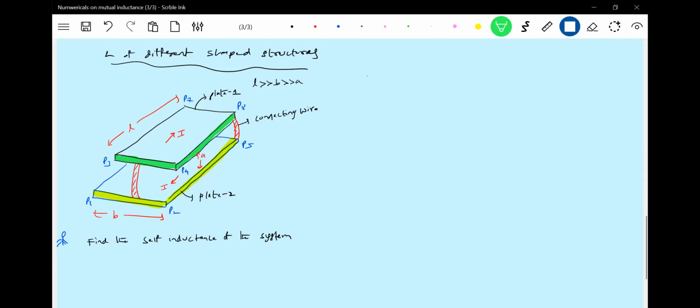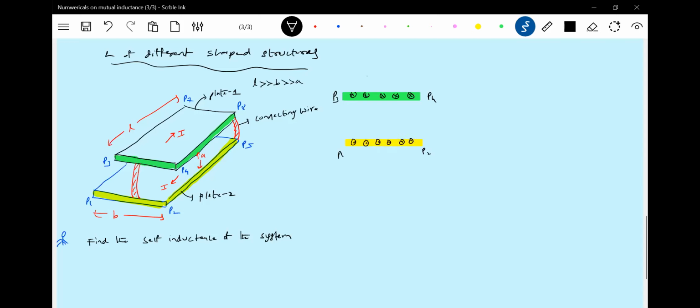The upper plate is one current carrying sheet, the lower plate is another. So this will become P3, P4 and this will become P1, P2. Here current is entering, and here current is coming out.